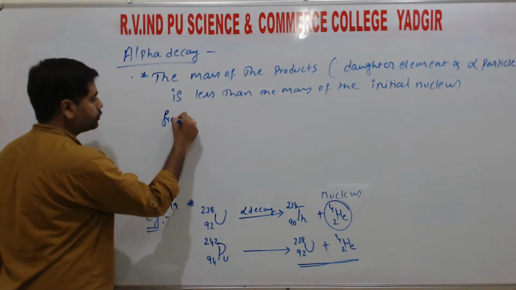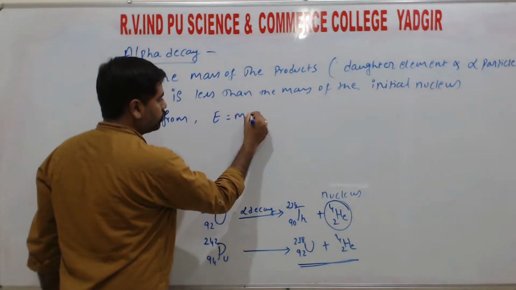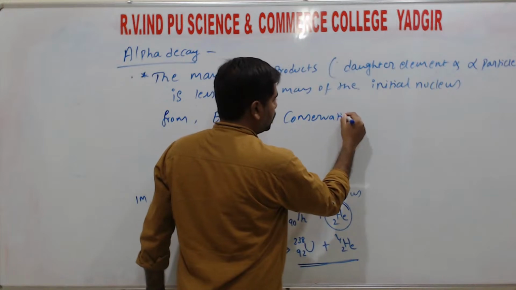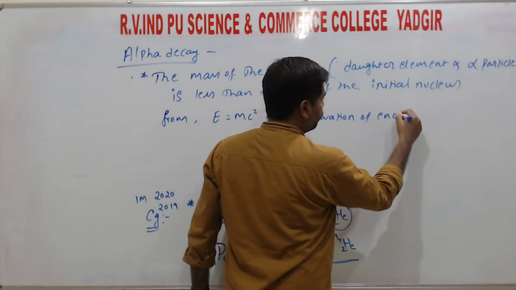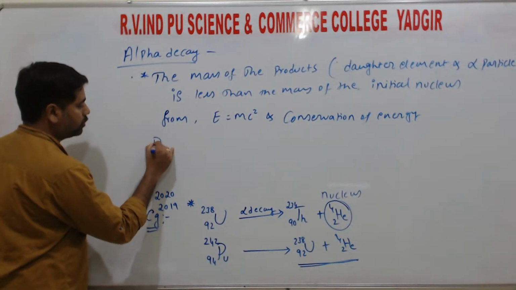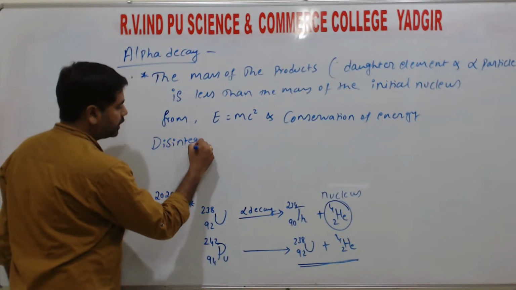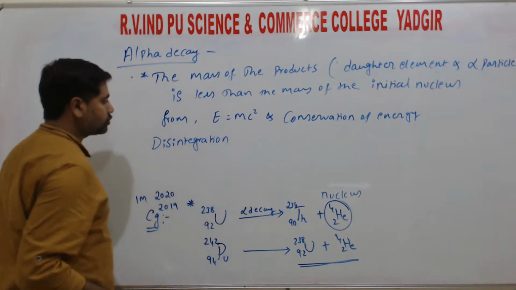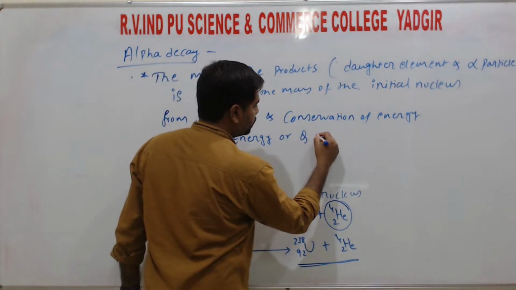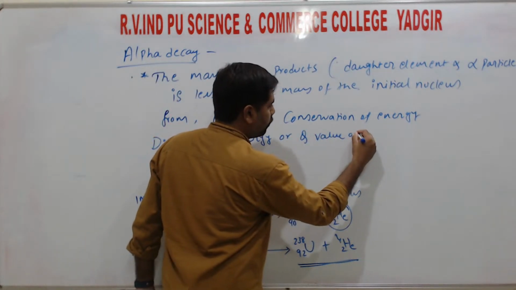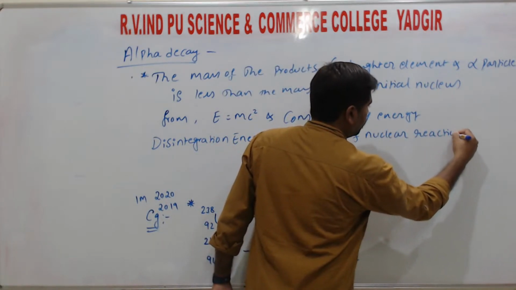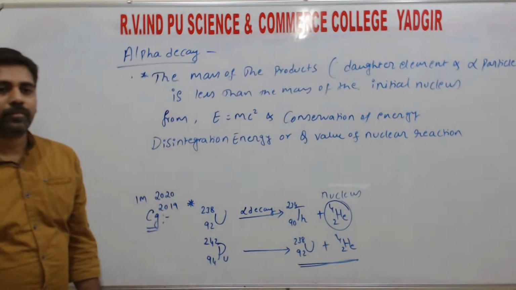So from E is equal to mc square and conservation of energy, we have disintegration energy, or we call that one the Q value of nuclear reaction, right?